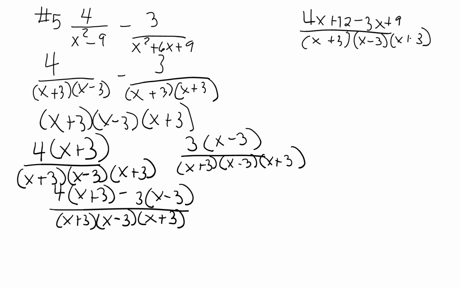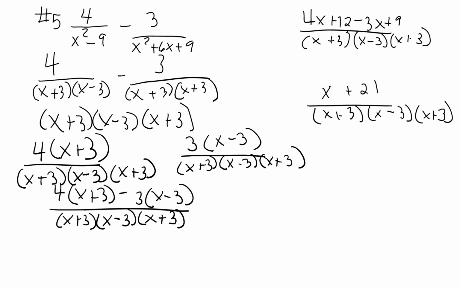Now we are going to factor the numerator, and that's going to give us x plus 21 over the LCD, which is x plus 3, x minus 3 times x plus 3.